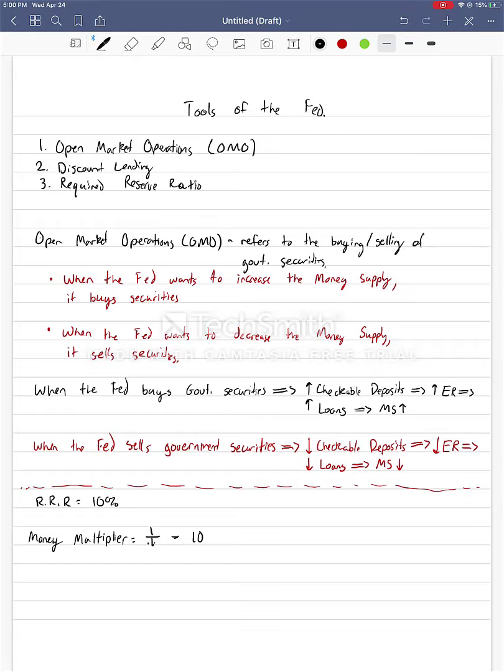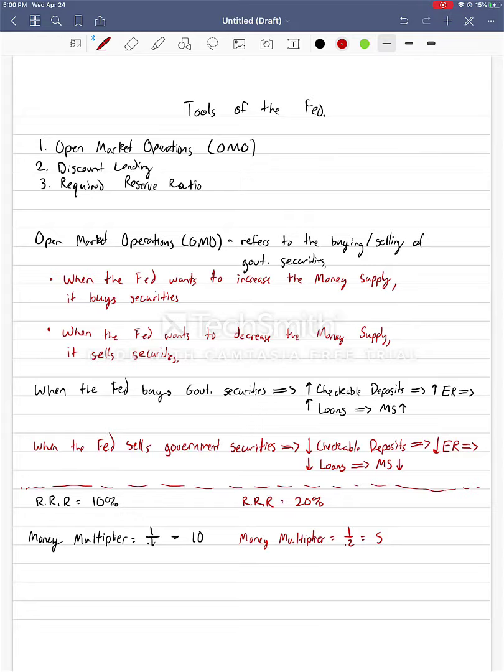So our money multiplier is going to be 10. Now, what do you think happens if the required reserve ratio goes up to 20%? Now, as we find our new money multiplier, it will be 1 over 0.2, which is going to be equal to 5.